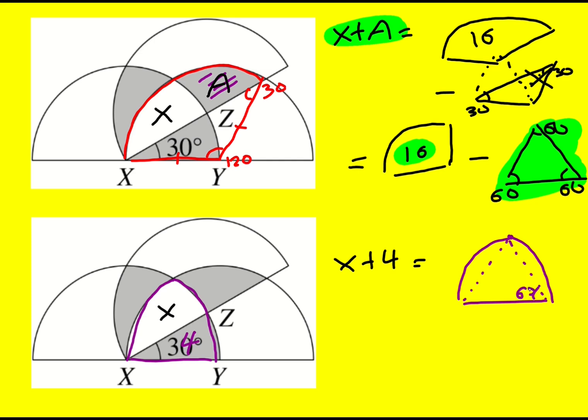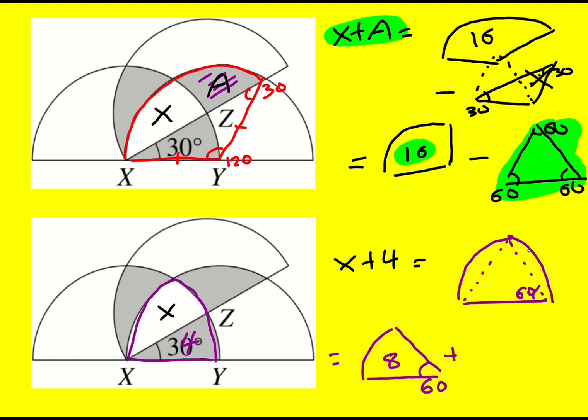This is going to be 60 degrees. And I can find this area in terms of the equilateral triangle by looking at the sector on the left. That's going to be this bit here, and it's going to have an angle of 60. So it's going to have size 8, because it's just double the 30, or half the 120.